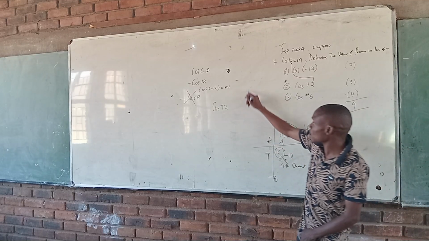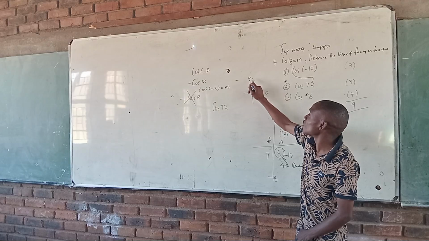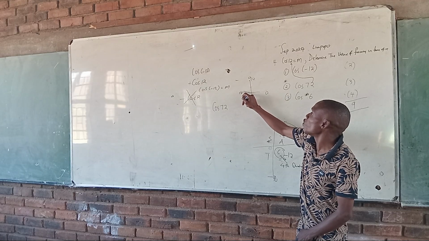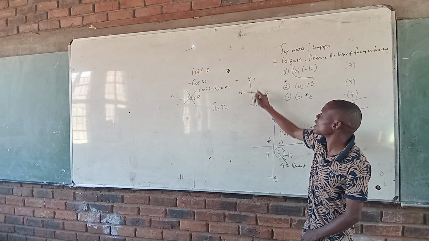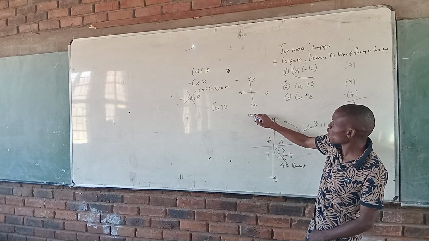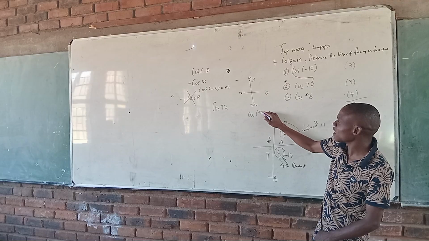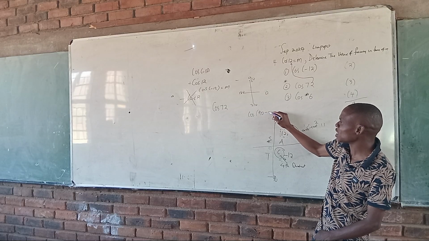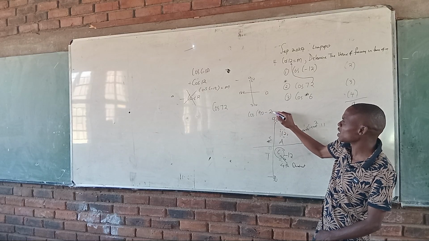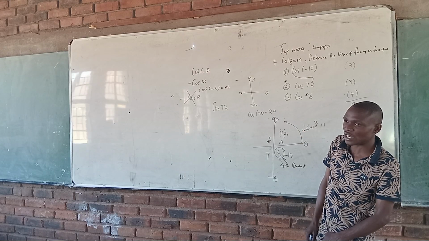First quadrant. Again, if we go to the first quadrant, we can only use 90. So you can think of cos 72 as cos of 90 minus what? 18.